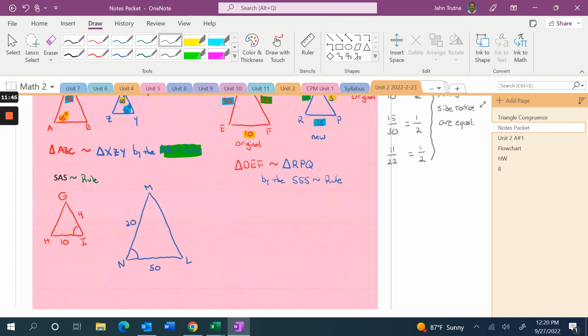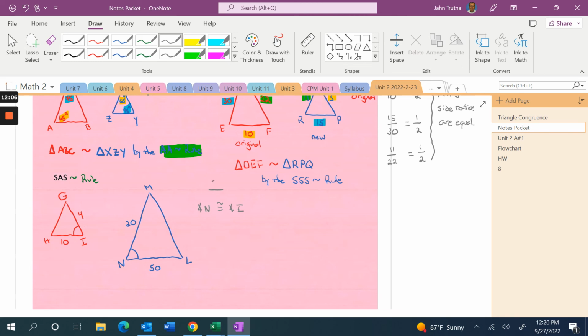Okay? So, if you notice, here's what we have in this particular problem. We have angle N is the same as angle I. We have the ratio of the blue triangle to the red triangle, new triangle to original triangle.